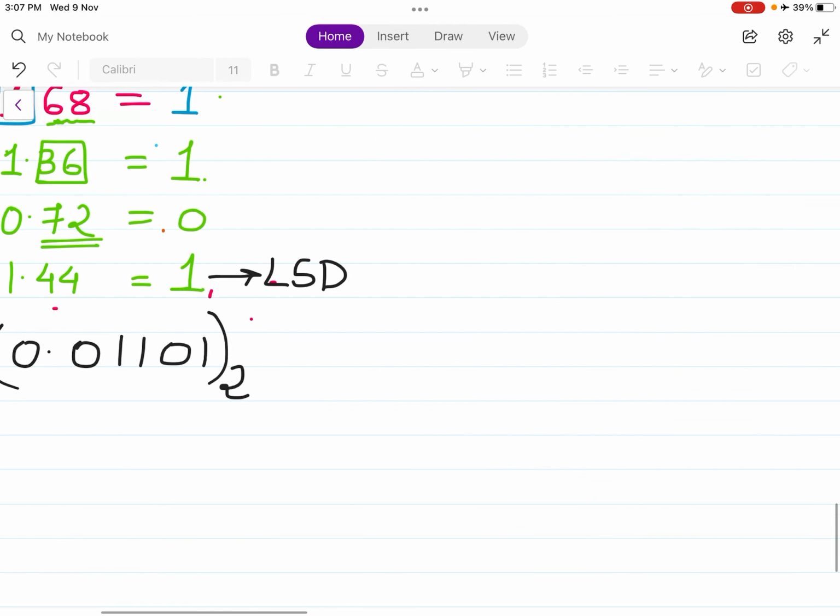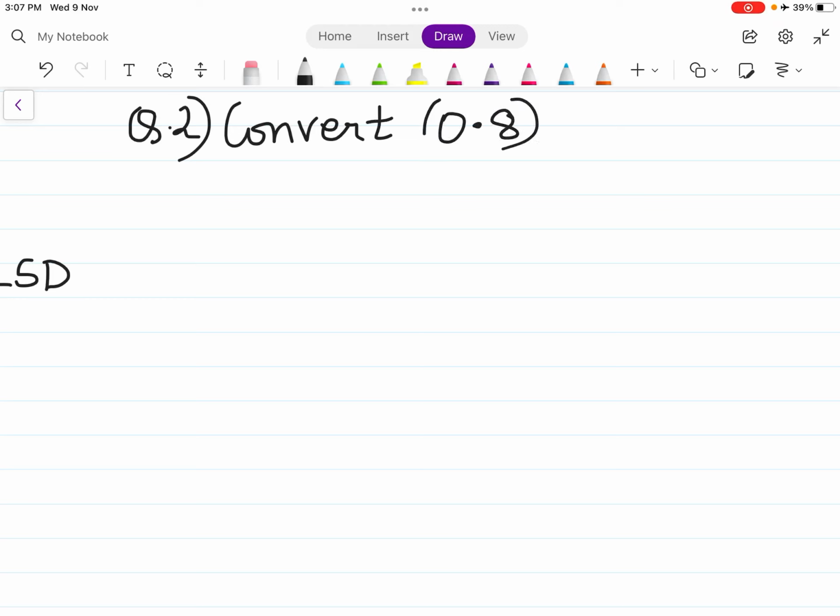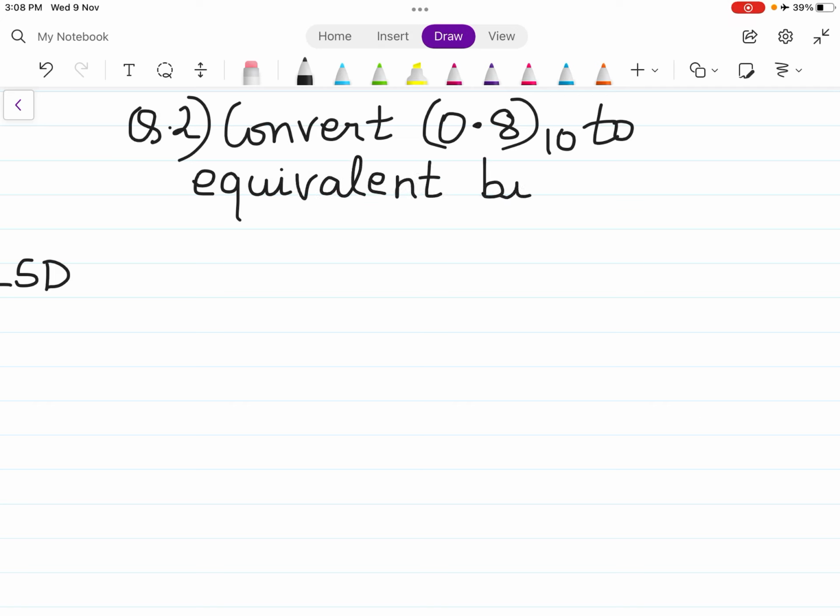Let's see the next sum. Question 2 says convert 0.8 to the base 10 to the equivalent binary number. How do you convert this?